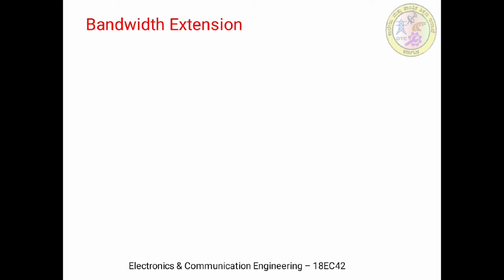So FH minus FL, that band, is going to represent the bandwidth of the common source amplifier. Now extension in the bandwidth is an important property that will be revealed by the negative feedback.